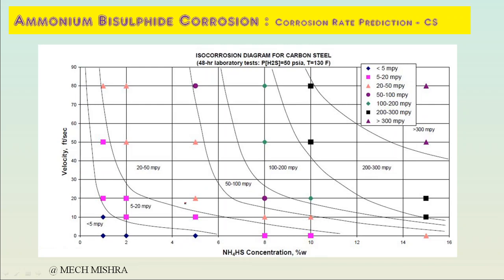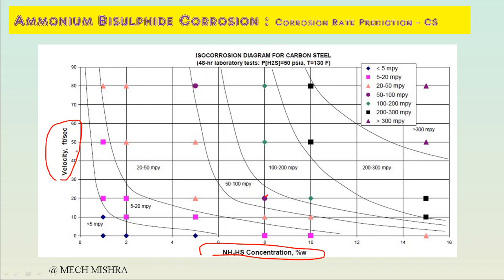Depending on what API has given and the corrosion modeling, these iso-corrosion curves have been identified for the various metallurgies, and this can be used for the estimation of the corrosion rate. This curve is plotted with NH4HS concentration on this side and velocity in feet per second on this side.